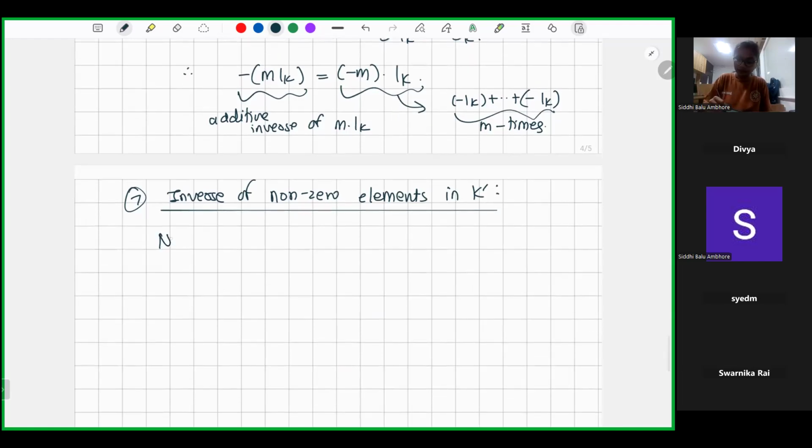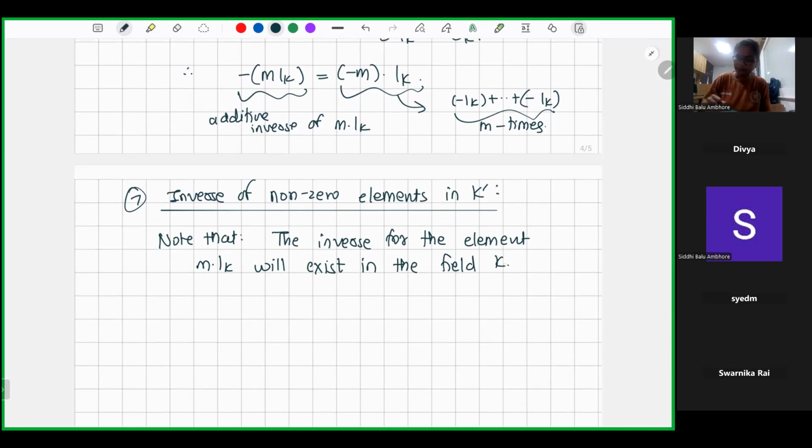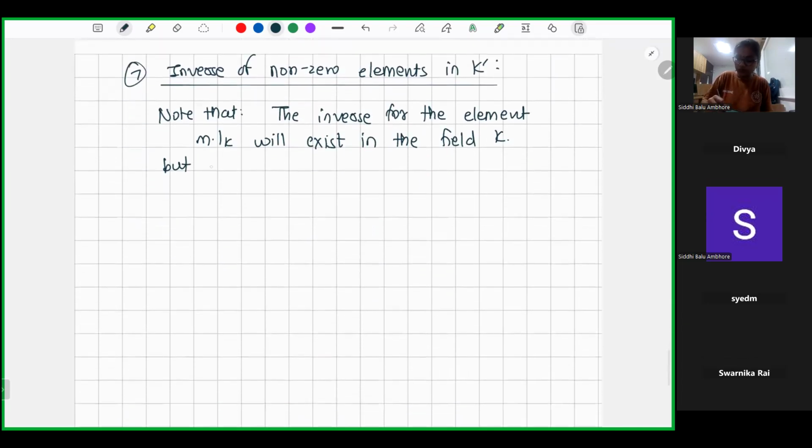So note that the inverse for the element m1k will exist in the field k, but we need to show here that this multiplicative inverse exists in k dash.